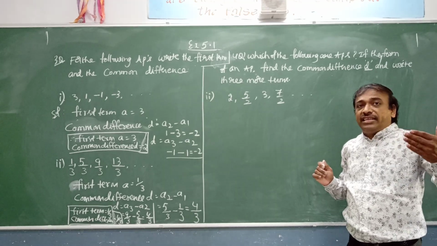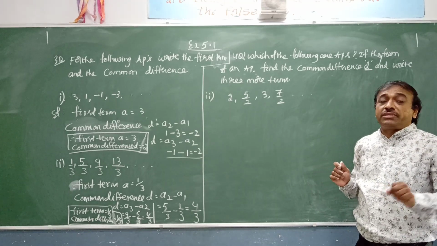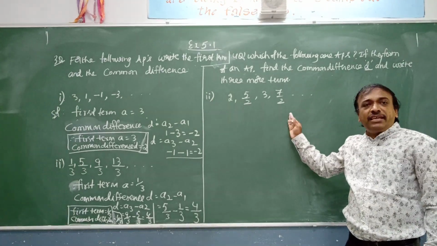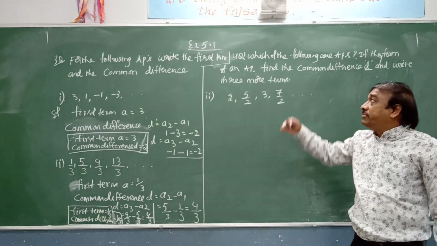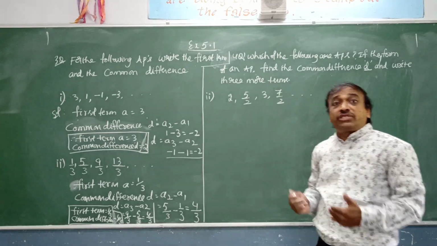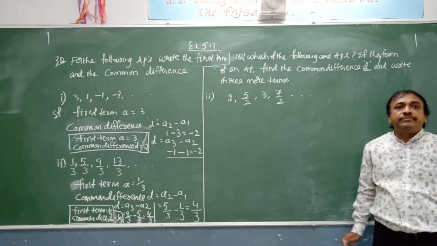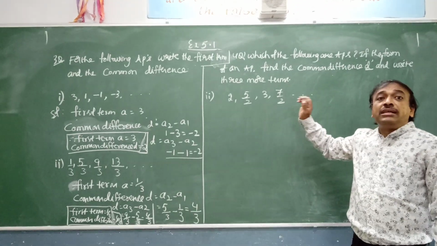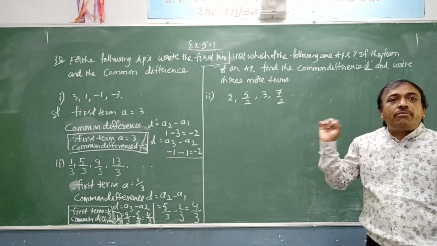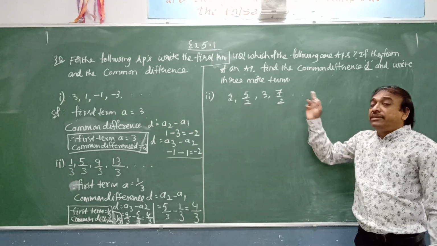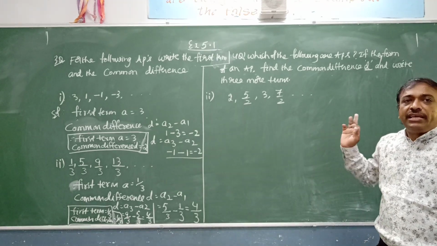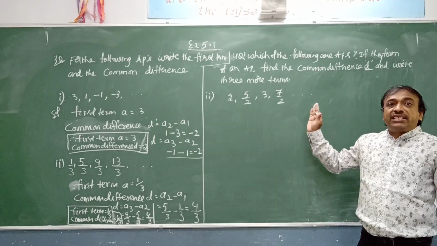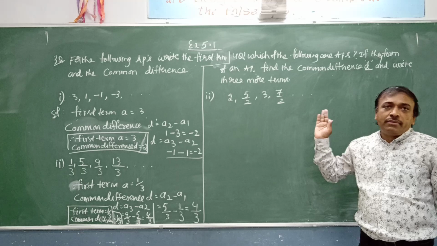He asked to write the first four terms including the given term, but here he is asking, if it forms an AP, write the next three more terms. So first we need to check whether it is an AP or not. How to identify whether it is an AP or not? By finding the common difference. If the common difference is the same, then we can say that it is an arithmetic progression.